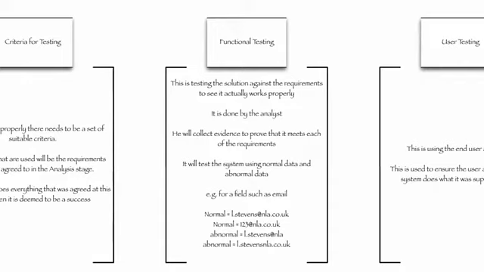And we also test for abnormal data to see that the system will reject data that shouldn't be entered. So in this case, for this email, I would have had some sort of validation rule to make sure that if I didn't have a .co.uk or .com or something on the end like that, then the email would be rejected. Equally, if I didn't have an @ sign in my email address, then again the email address would be rejected.